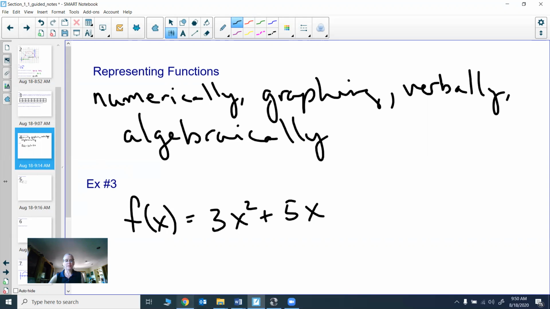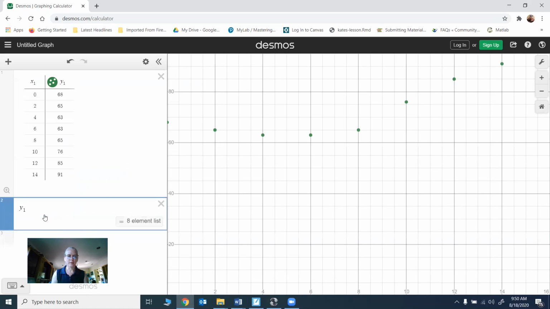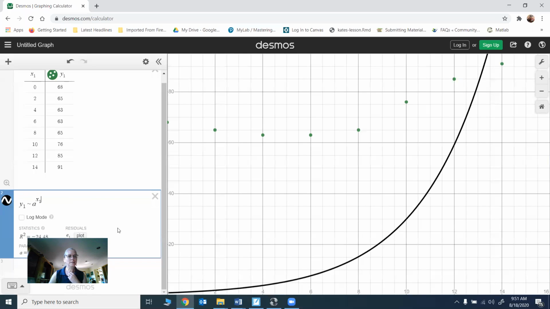So actually, if I went back to Desmos, I could in fact fit this. This looks kind of like an exponential, so I could fit it with an exponential. I can say y1 is, I use this thing called a tilde, and exponential means you're going to have some value to the x1. It should have graphed a little bit better than that. I don't know why it didn't.